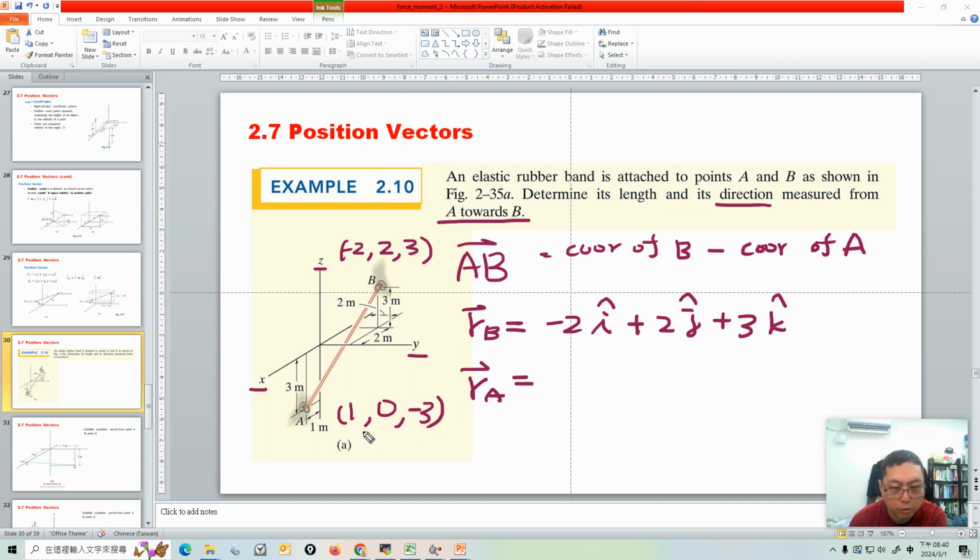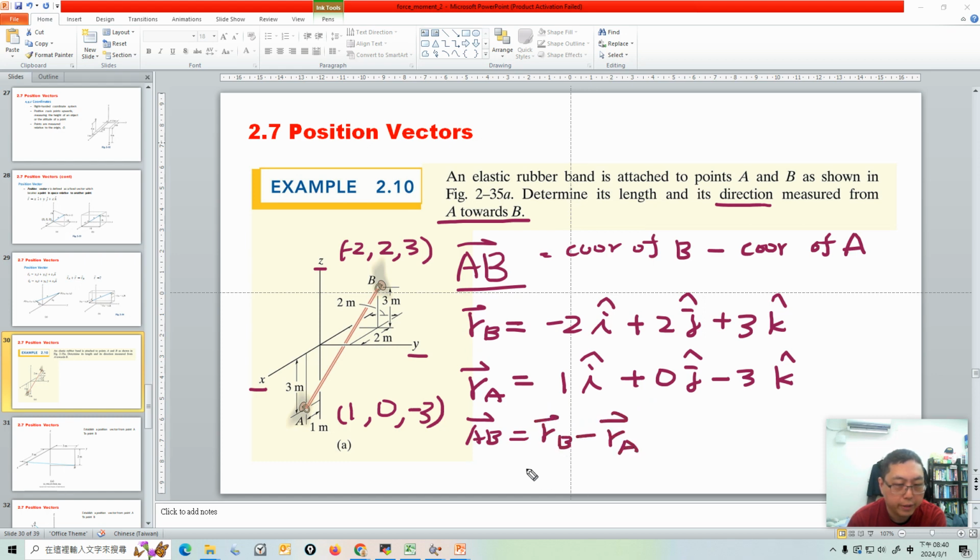You know the coordinate of A, so you know the position vector of A: I plus J minus 3K. So the AB vector is equal to RB minus RA.